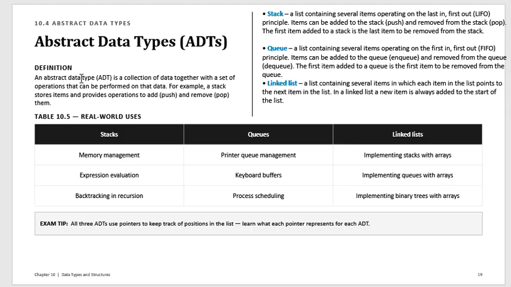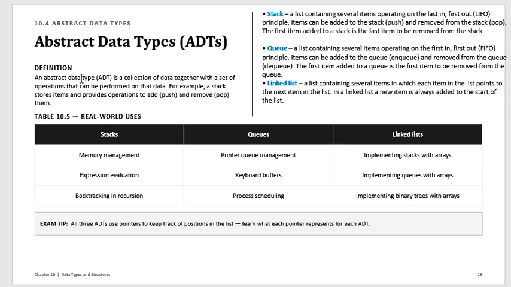Then after that, I remember us looking at the abstract data types. Those were the stacks, the queues, the linked lists. Then we said a stack contains several items and operates on the last in, first out principle.